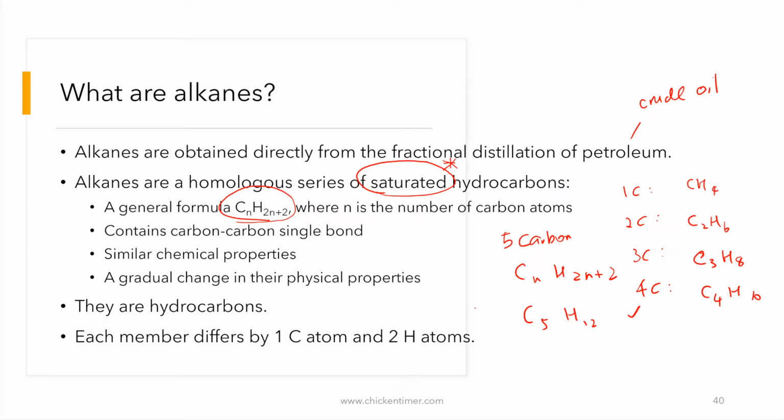Then I'm trying to explain this last sentence here. So what happened is you will notice a number pattern. You plus a CH2, right? The difference between the second alkane and the first alkane is, if you subtract off the atoms, you will see that there's 1 less carbon, 2 less hydrogen from the second alkane to the first. From 2 carbon to 1 carbon, there's a missing CH2, right?